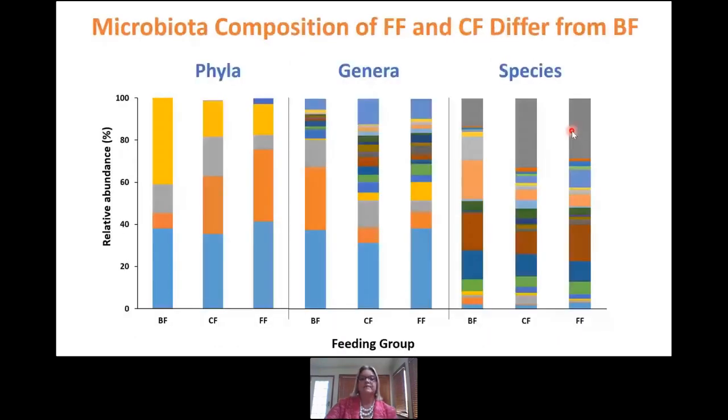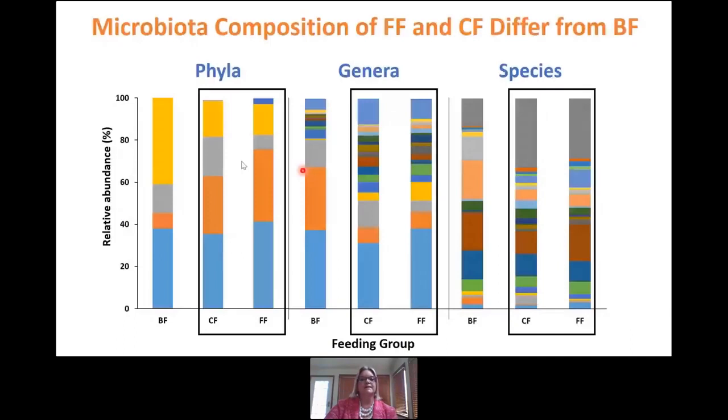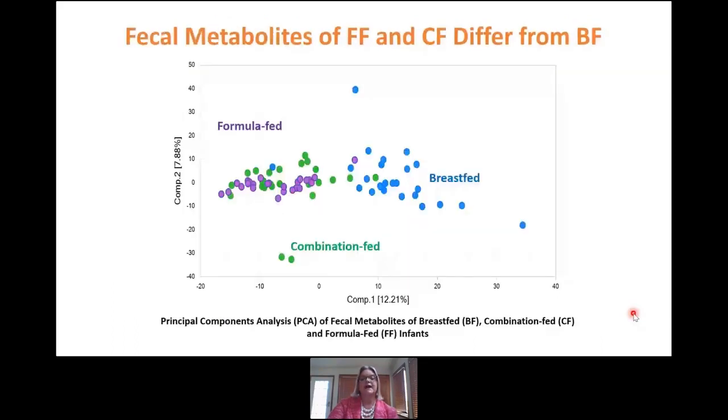When you look at this, and this is just for you to look at the breastfed versus the combined and formula-fed, you can see at the phyla, genera, and species level that the combined and formula-fed infants are more similar to each other than they are to the exclusively breastfed. And this shows metabolites.